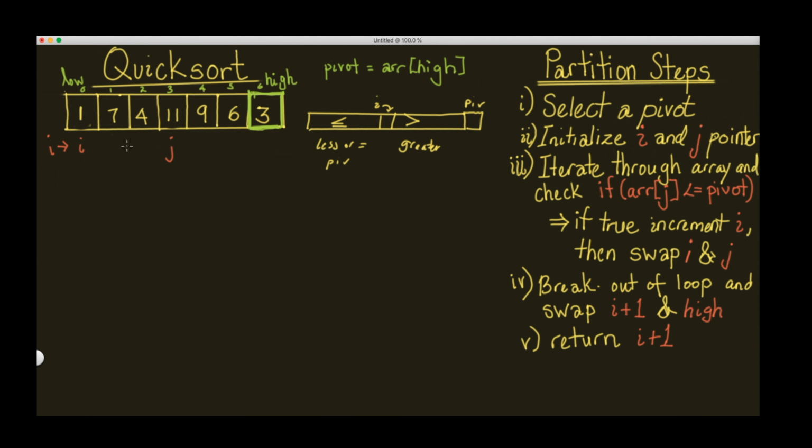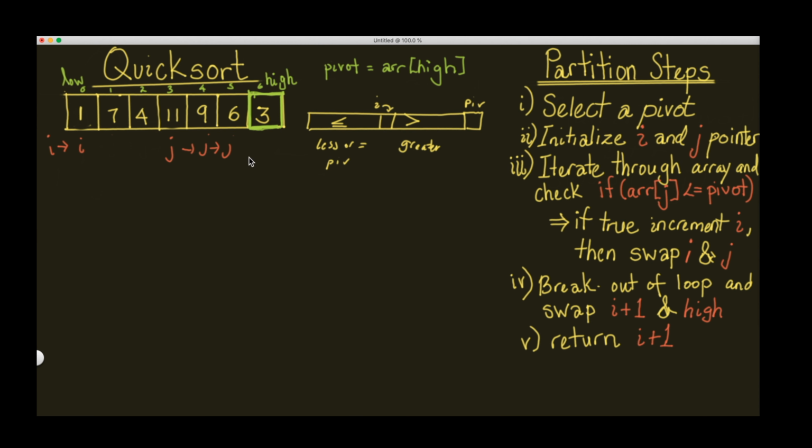right? So now we're going to continue to progress through the array. So we're going to go to the 9. That condition is false. We're going to go to the 6 and that condition is false. And so we're done iterating, right? We're not going to check it against this condition here, against the last element.